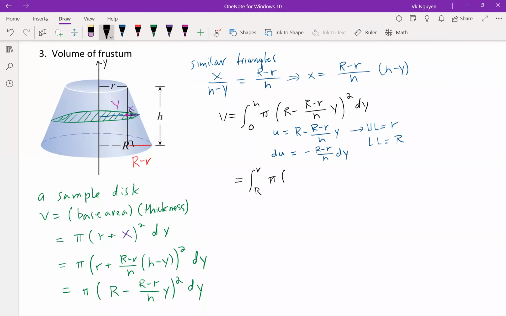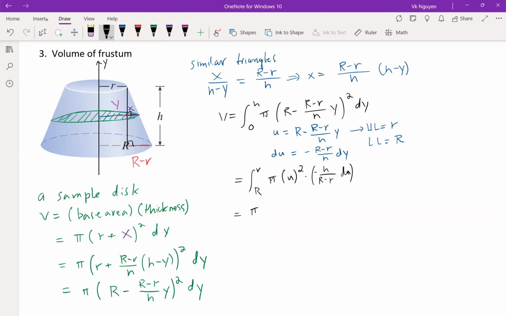We have pi u square multiplied by dy, which if you solve for dy, is negative h over the bigger r minus the smaller r du. Okay, we can get rid of the negative by exchanging the limit of the integral, and because the integration depends on u, you can pull all the constant multiples outside.